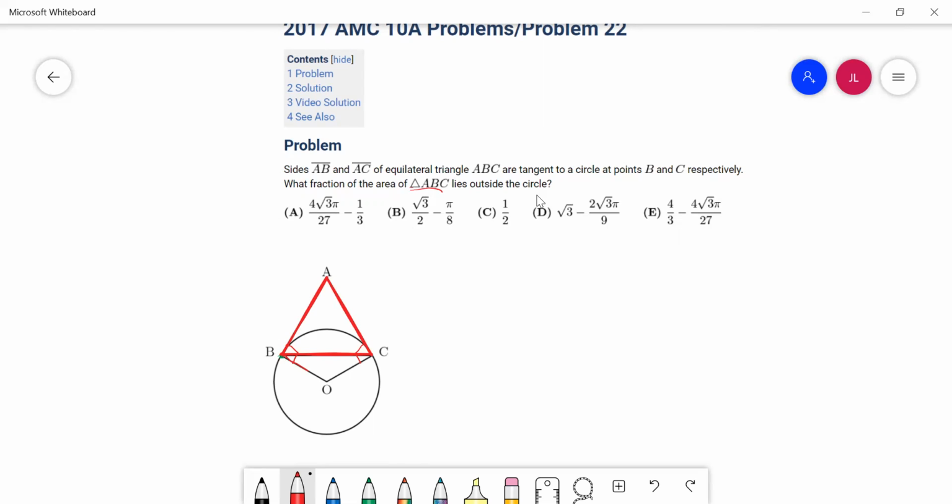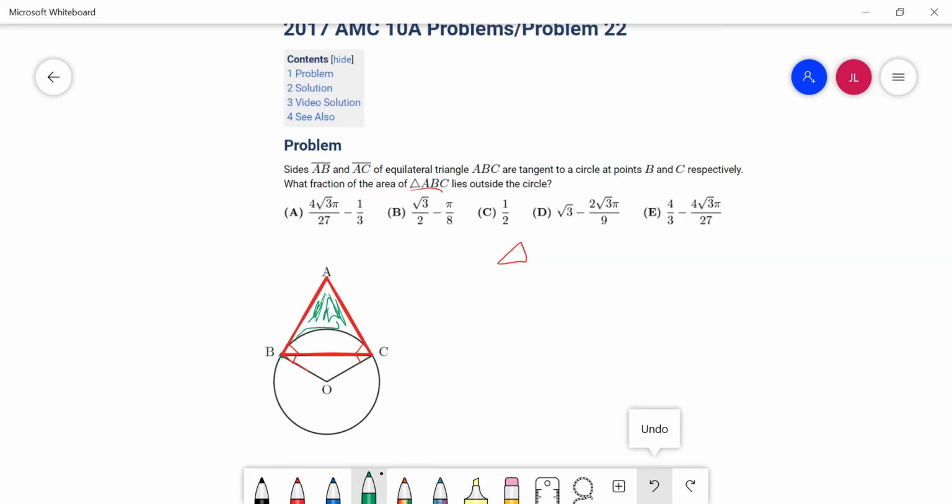What fraction of this is outside of the circle? The circle is here, so the outside will be this part.